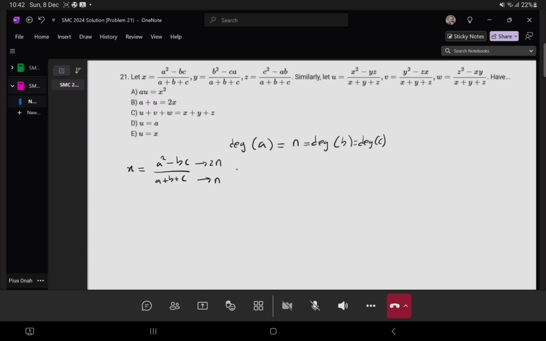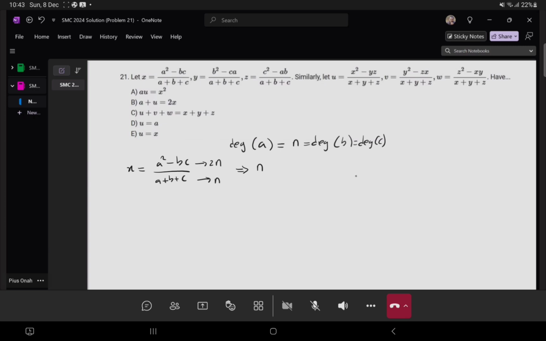If we divide, you just subtract the degrees to give n again. So x, y, z will also have degree n, and u, v, w also have degree n. So we can't use that to eliminate any option, unfortunately.